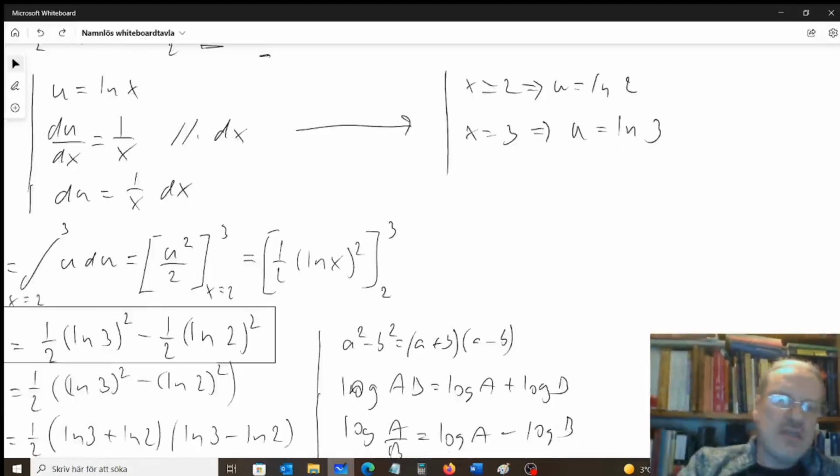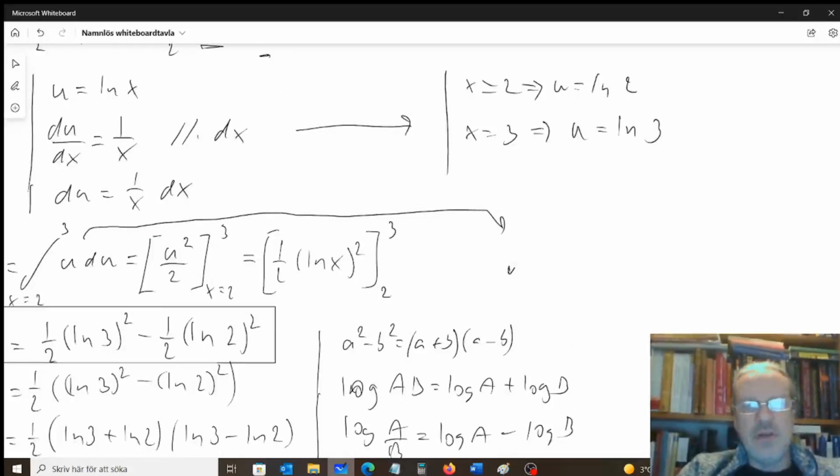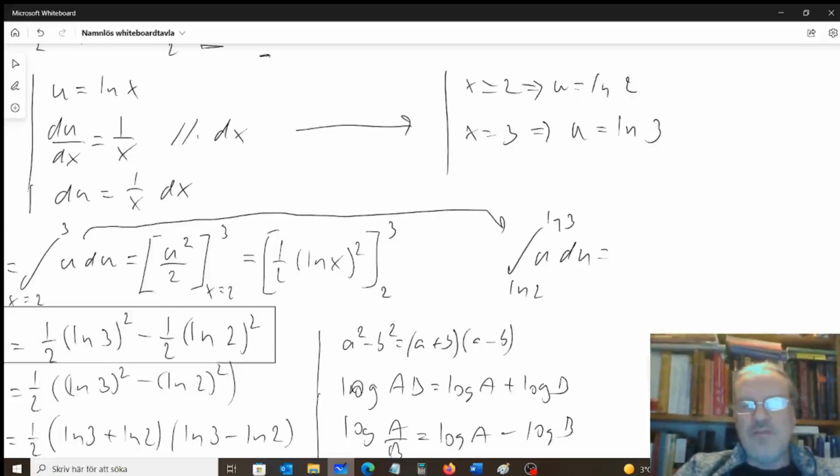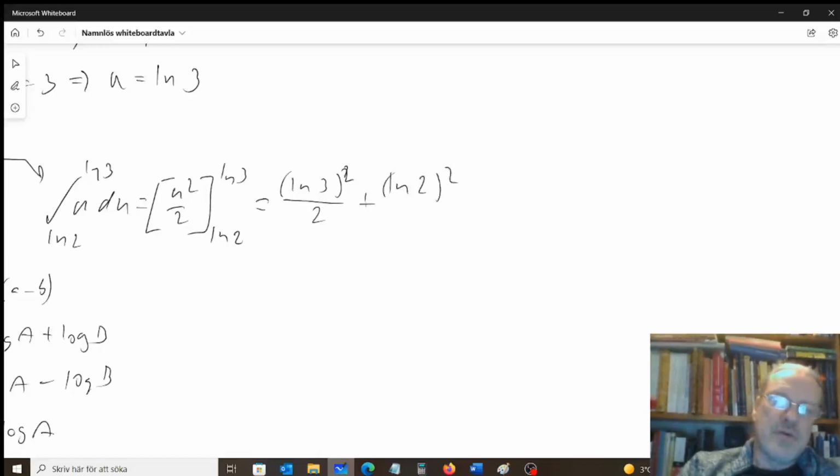Then we can use this at this stage here and turn our integral into the integral of u du from ln of 2 to ln of 3, which gives us u squared over 2 from ln of 2 to ln of 3, right? And then we plug in our logarithms, so that will turn into ln of 3 squared over 2 minus ln of 2 squared over 2.